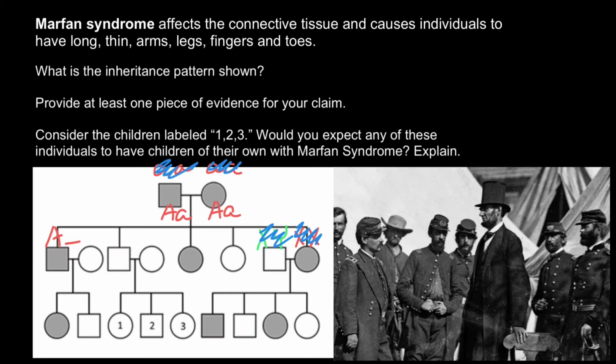As for this person, this male got two recessive alleles, one from each parent, so his genotype has to be small a, small a, and this female got at least one dominant allele from one of the parents. The other one can be any. This female here got two recessive alleles from both parents, and as for this female, we know that she also got one dominant allele from one of the parents. The other can be any.